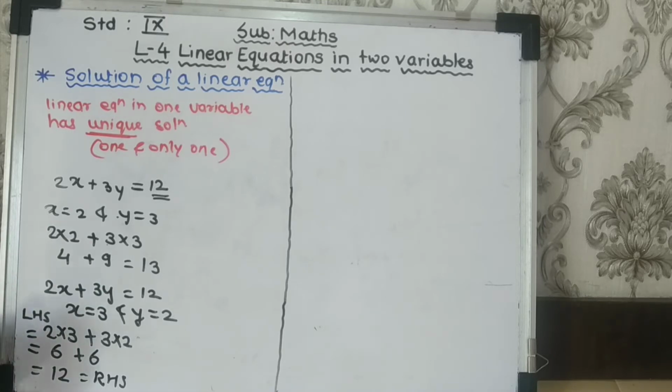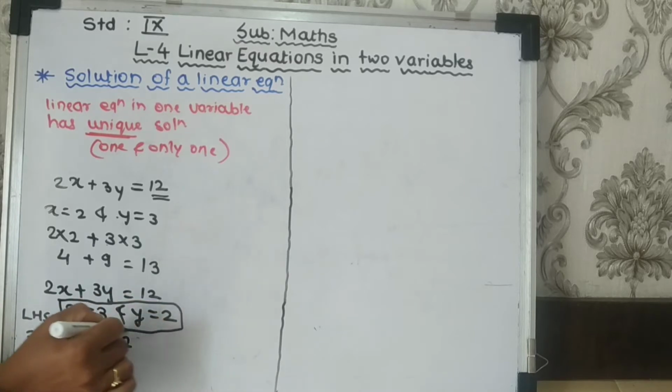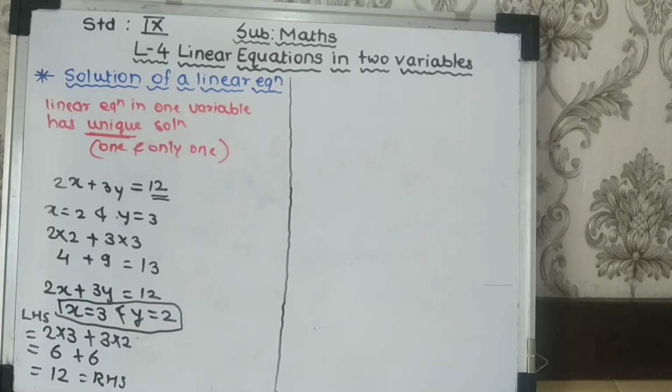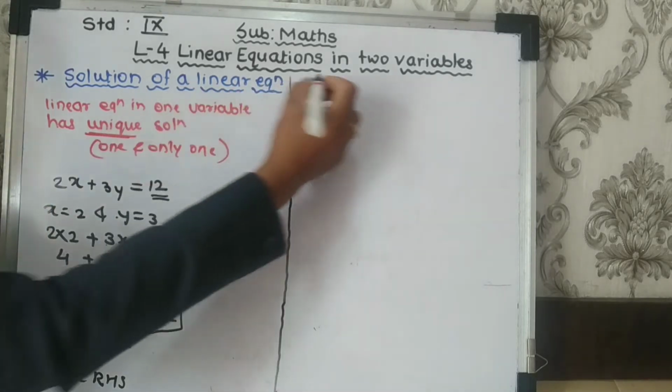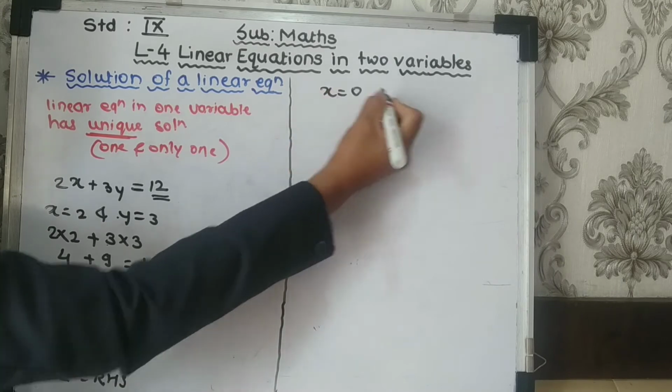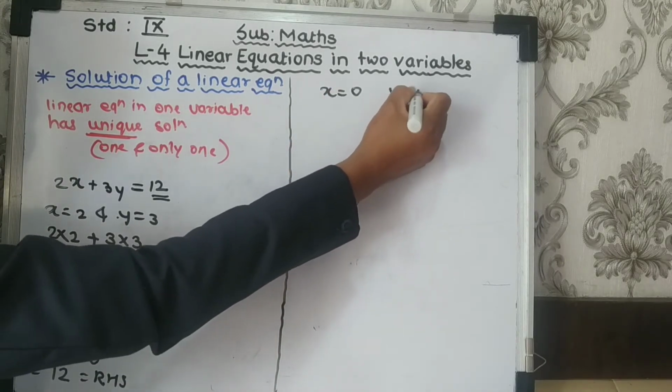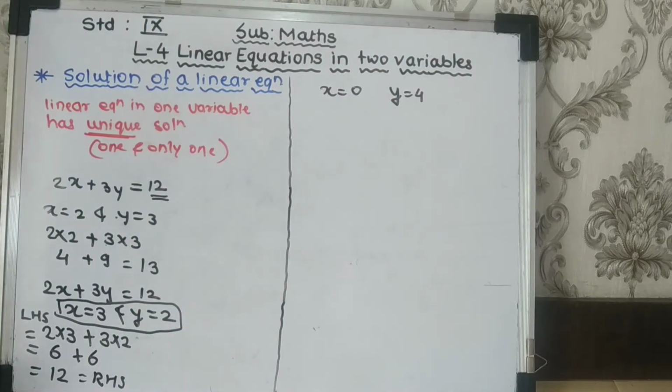So can we consider that these are the only solution of the equation? No. Let us take some other values for x and y. Suppose x equals 0 and y equals 4.